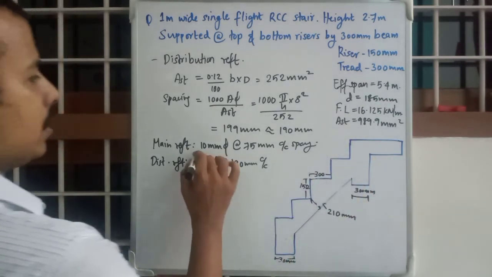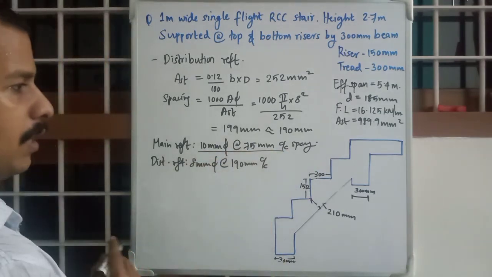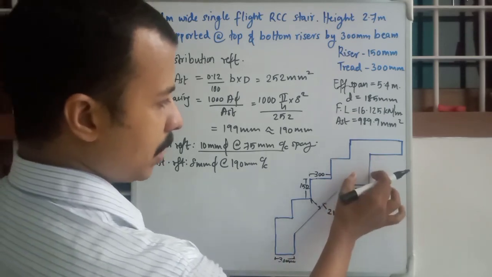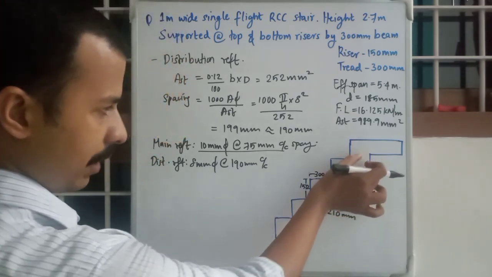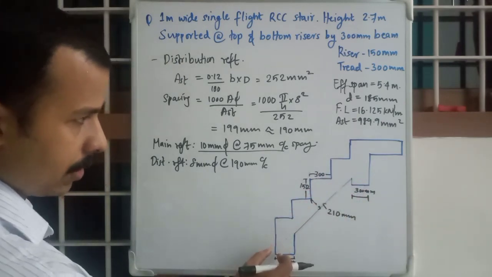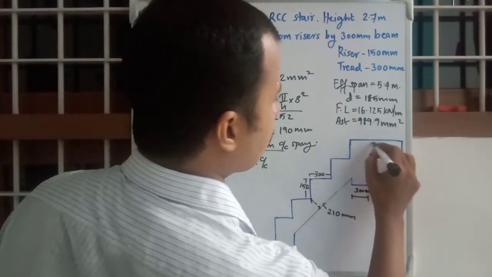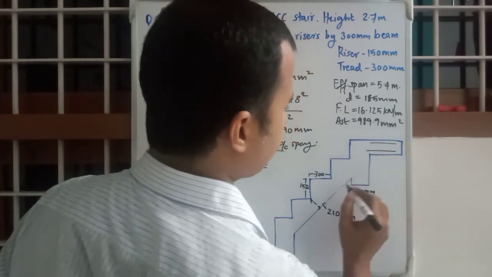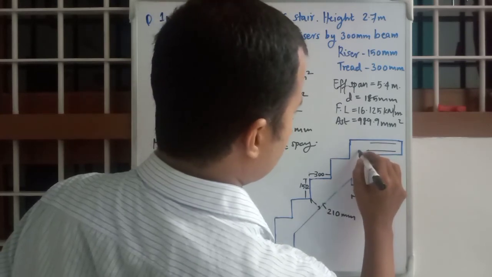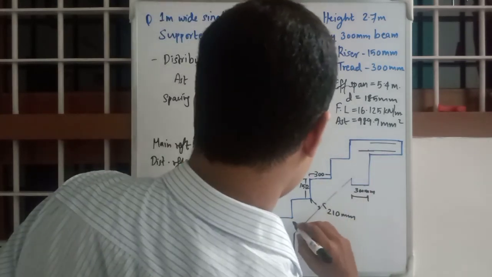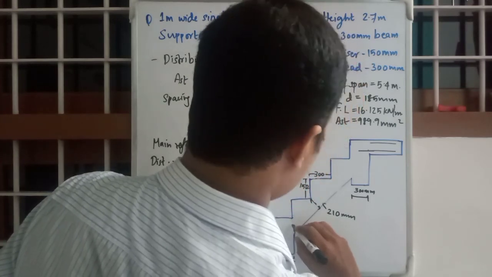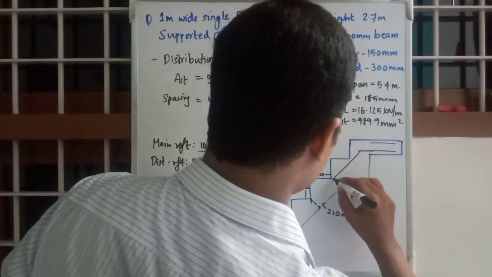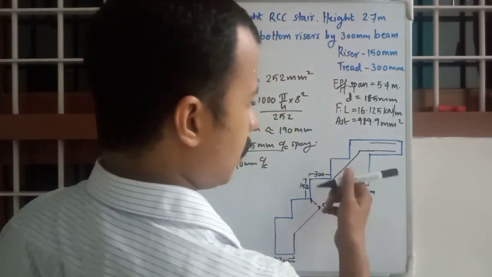The main reinforcement will be spanning from this beam to this beam, so it will run in this direction. It will start like this, and there will be bottom reinforcement, coming to the front and then extending to a particular length like this. This is the main reinforcement.